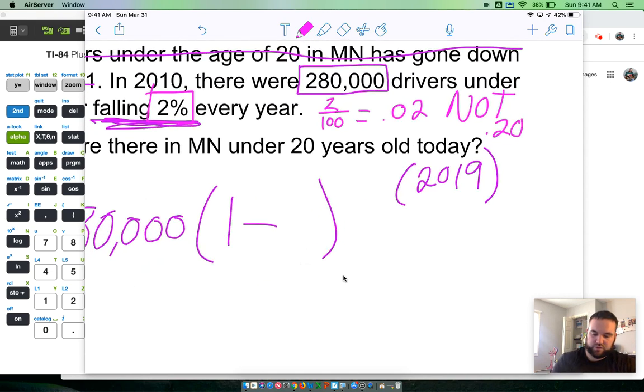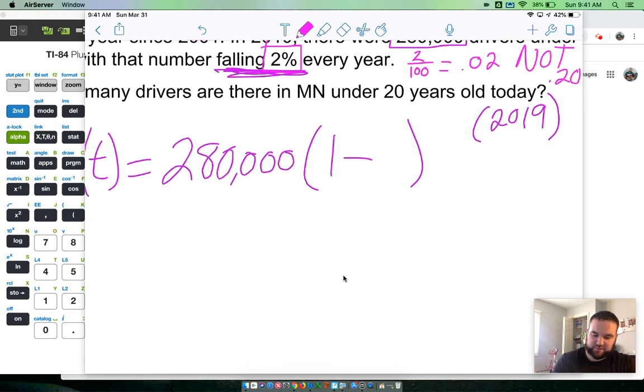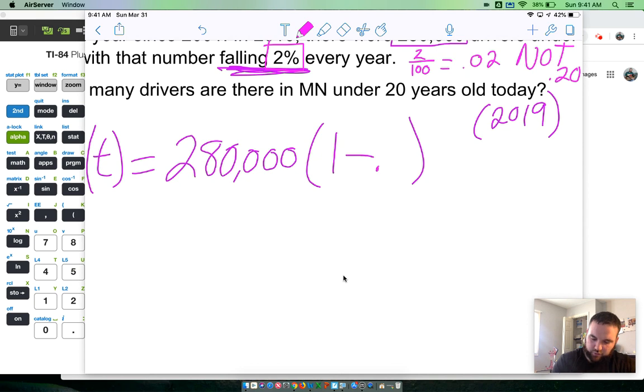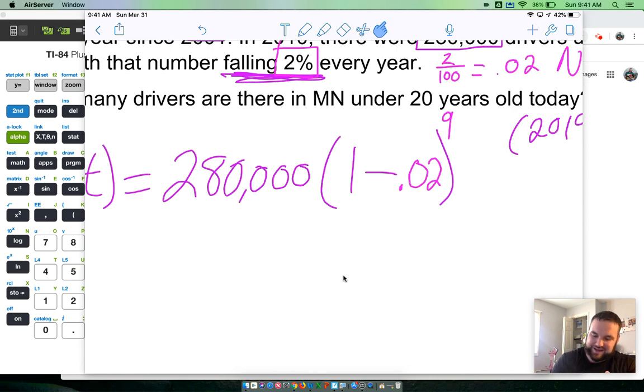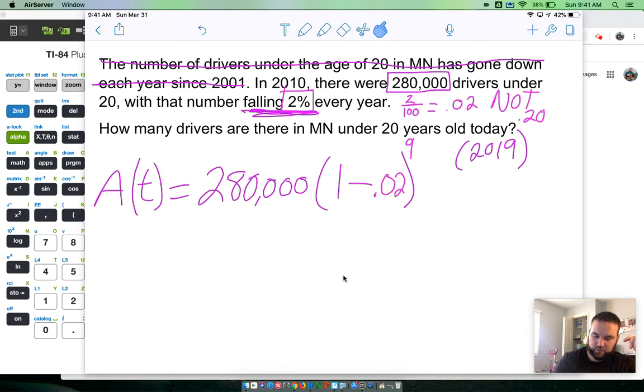So if something is falling 2% per year, we're going to put minus 0.02, and then I need the time. Our base value of 280,000 was in 2010, so we're talking 9 years later, so I'm going to raise that to the 9th power.